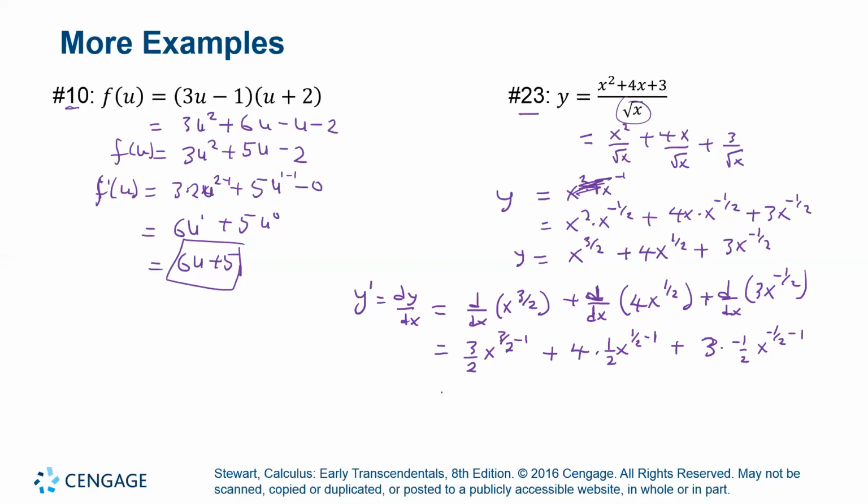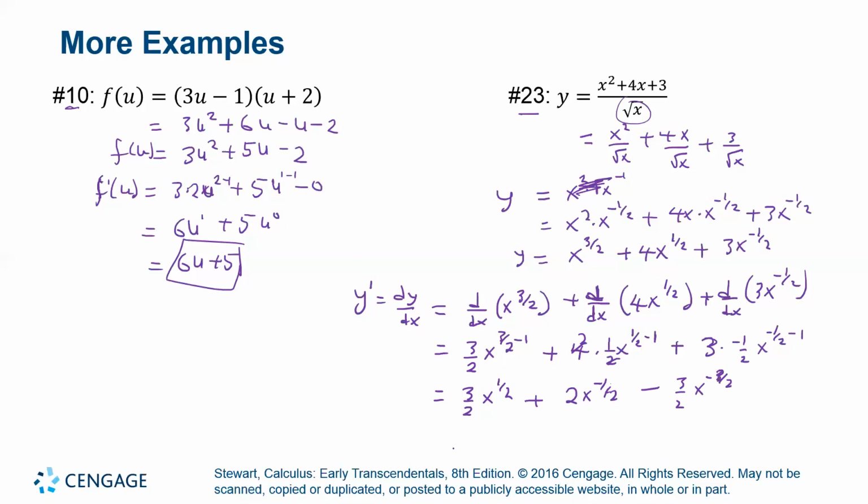So using the power rule on each of them, power rule with the constant multiple. So the first one will be 3/2 x raised to 1/2. Okay, then we have plus, 1/2 times 4 is 2. We have 2 x raised to negative 1/2 because we have half minus 1 is negative 1/2. And then this will give us minus, because 3 times negative 1/2 is negative 3/2, and the x raised to negative 3/2.